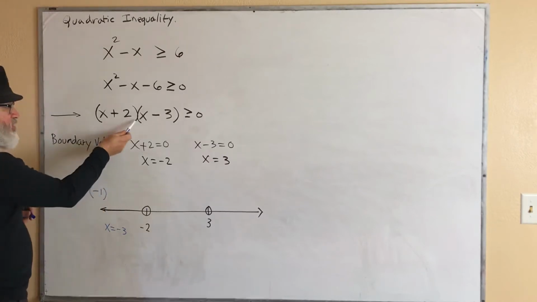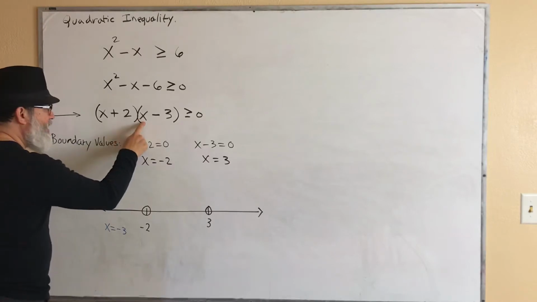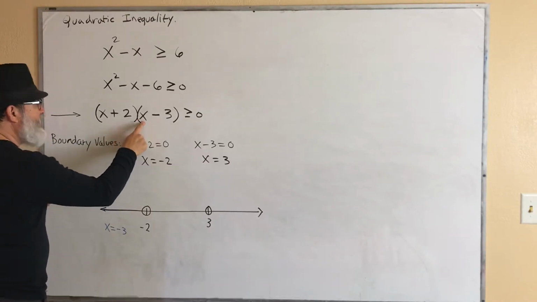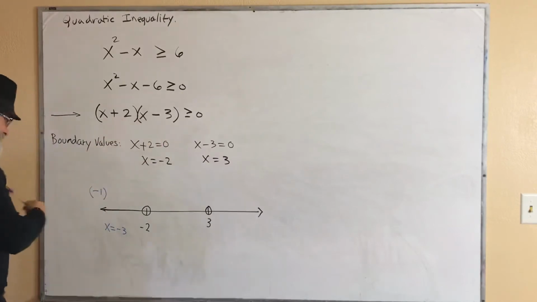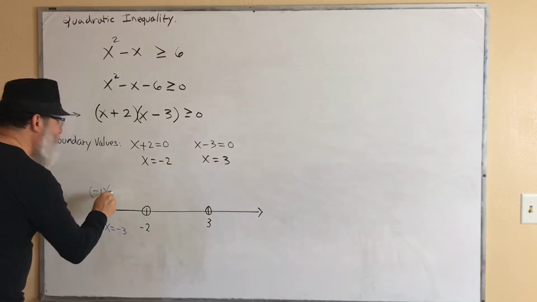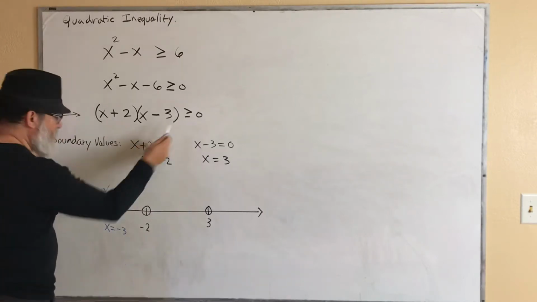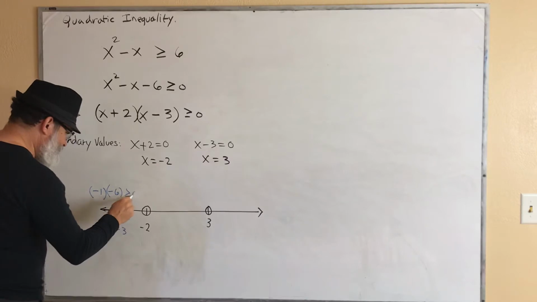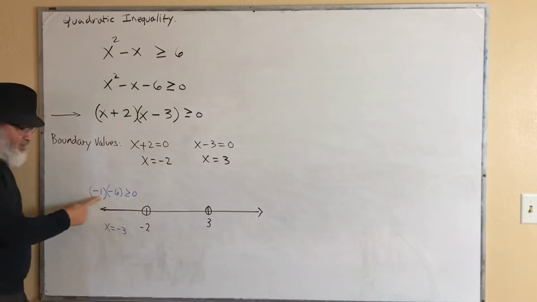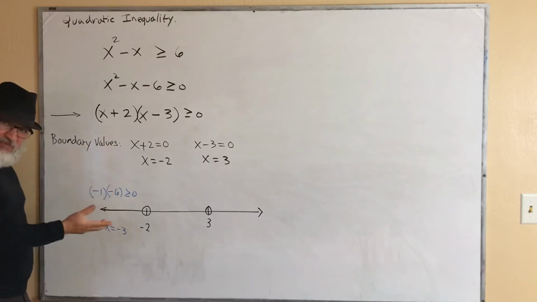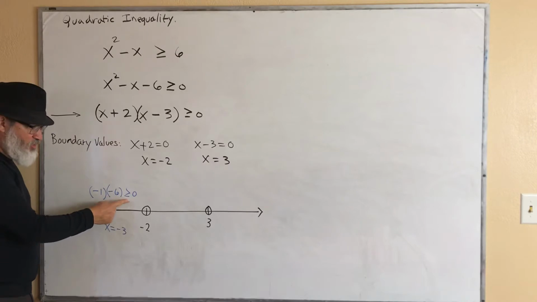And it says times, look. What's negative 3 minus 3? Negative 6. And it says greater than or equal to. Now, what's a negative times a negative? Positive. Is a positive greater than or equal to 0?